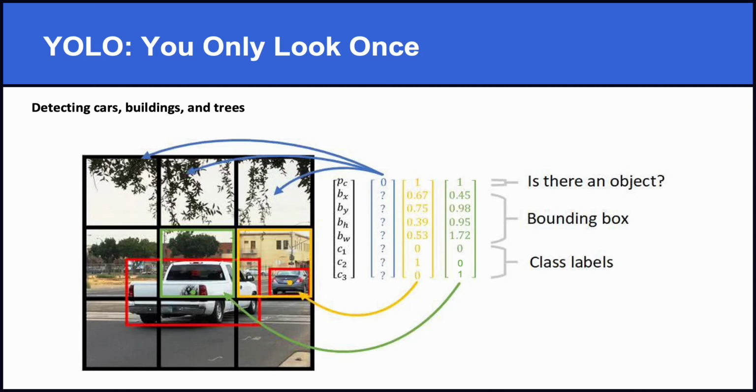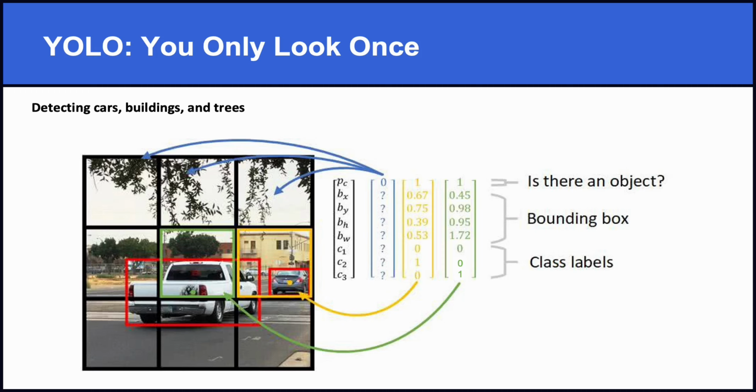Let's take a look at the example again. The first top 3 cells all will output one B box, but in this case, because all of them don't contain an object, they are going to output a vector with the confidence score 0, which means that there is no object detected in them.